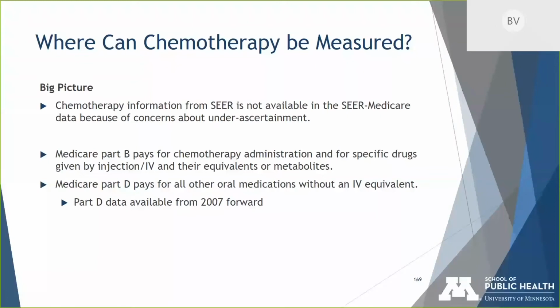Medicare Part D, on the other hand, pays for all other oral medications that do not have an IV equivalent. Remember that we only have data available from 2007 forward for the Part D program. So if you are interested particularly in Part D drugs, you will need to limit your analyses to only those years when the Part D data are available.